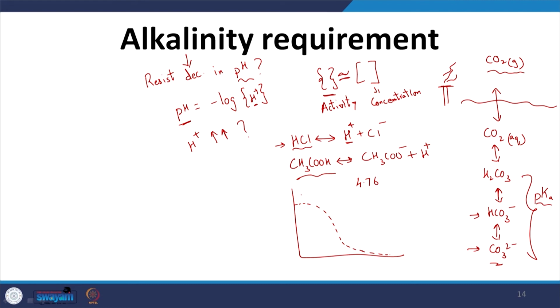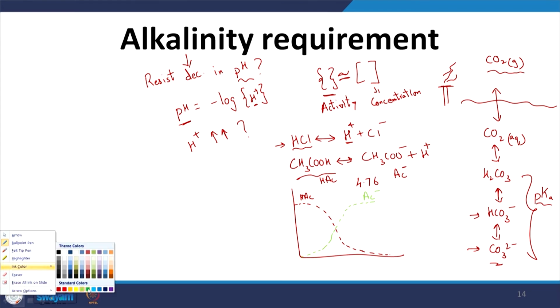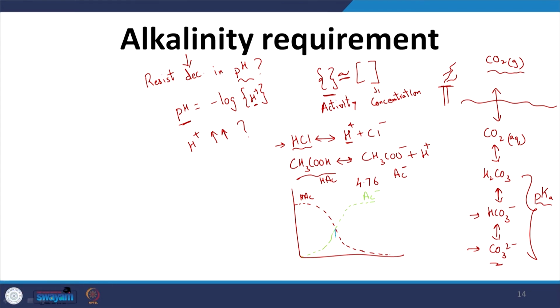This is acetic acid, which I will represent by HAC, and this by AC minus. I am just reviewing the relevant acid-base aspects, and the point at which HAC and AC minus are the same is the pKa, 4.76.